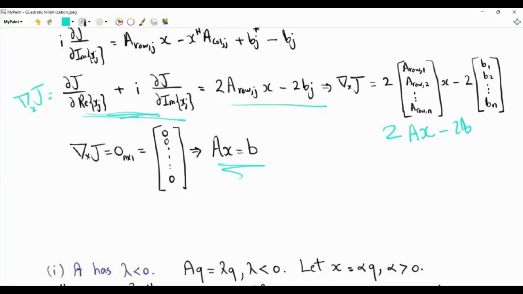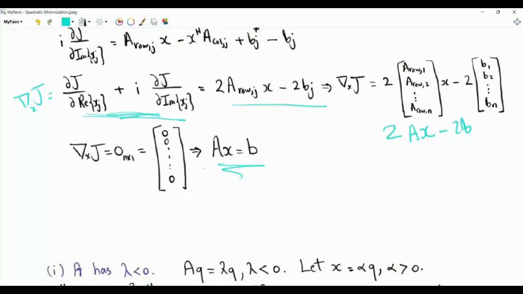But basically we are trying to be general here and to sweep through all the possibilities of matrix A. So let's go first not to the sweet case in which A is Hermitian and positive definite, but to the case in which A has at least one negative eigenvalue. So A has one negative eigenvalue or more.